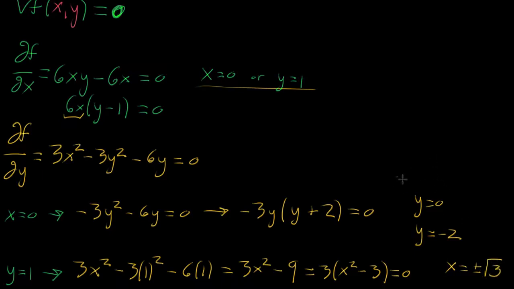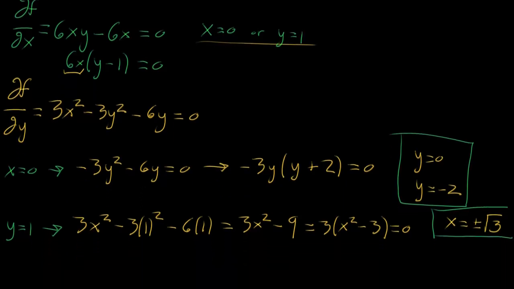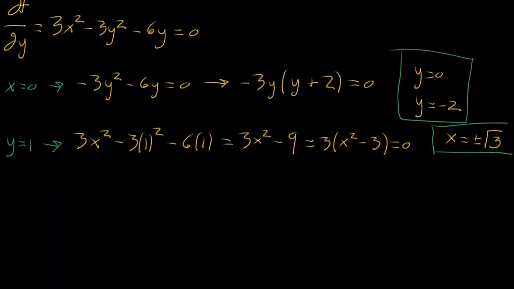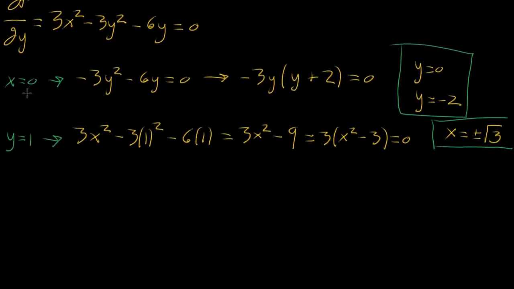And maybe I should specify, these are distinct things that we found. One of them was in the circumstance where x equals 0, and the other was what we found in the circumstance where y equals 1. So this gives us a grand total of 4 different critical points. In the first situation where x equals 0, both critical points have an x coordinate of 0, and the 2 corresponding y coordinates are 0 or negative 2.